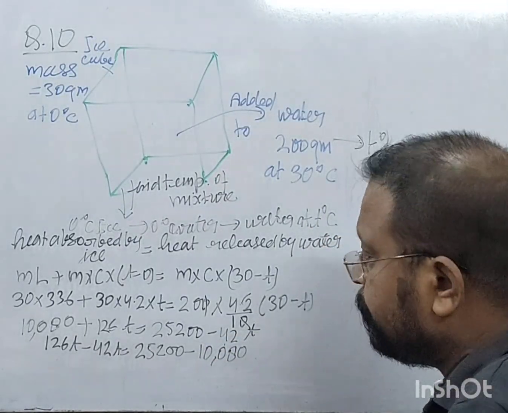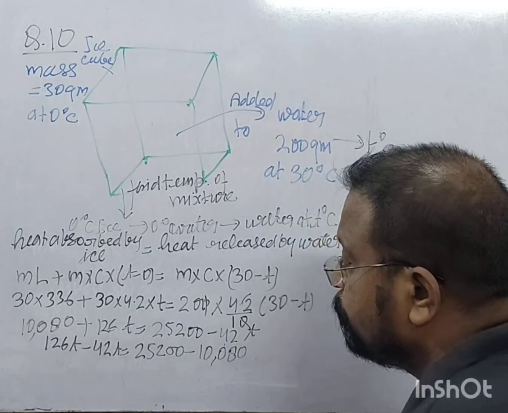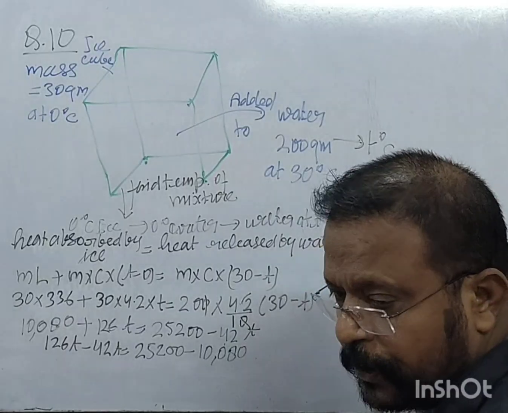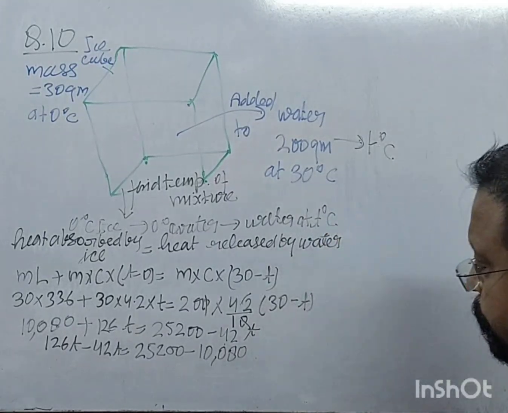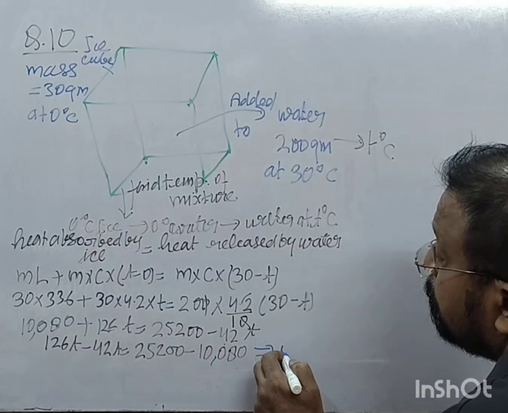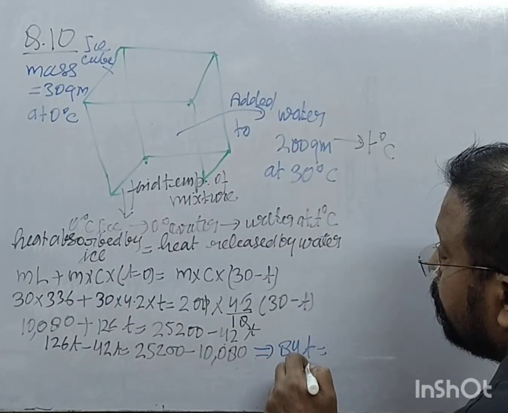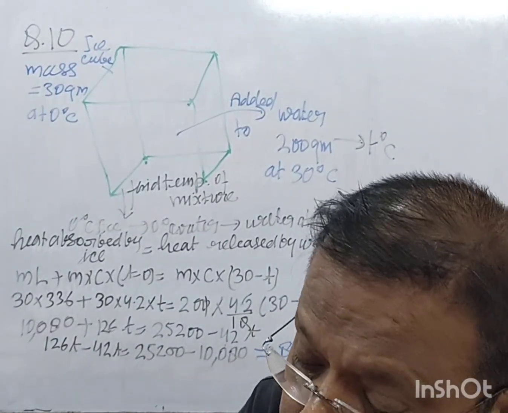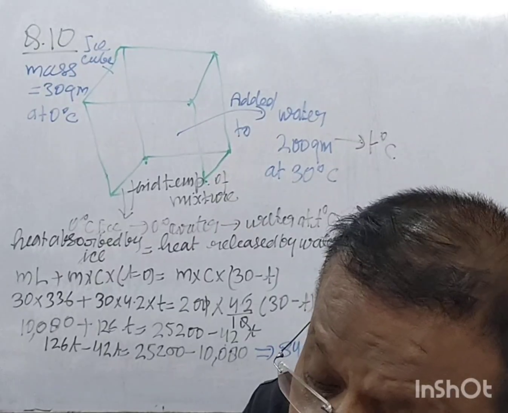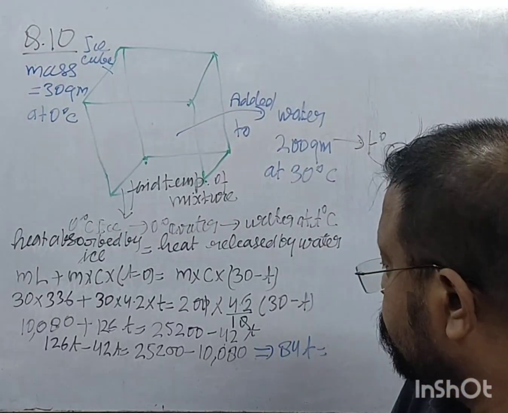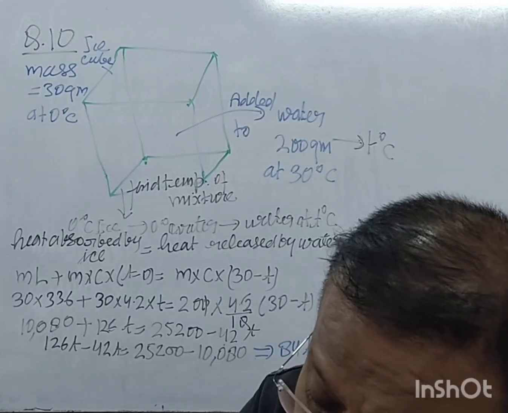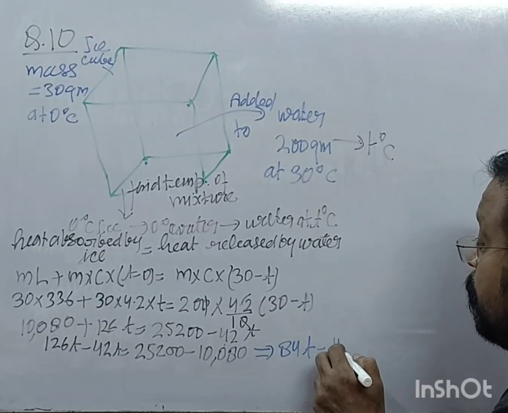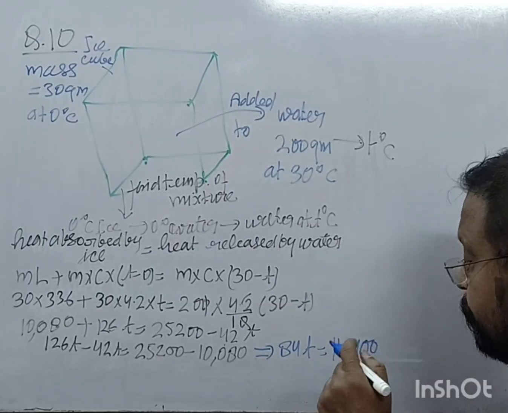So how much will it be? 126 minus 42 is 84, so 84T, and 25,200 minus 10,800 is 14,400.